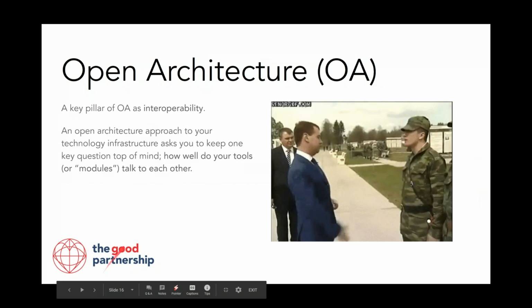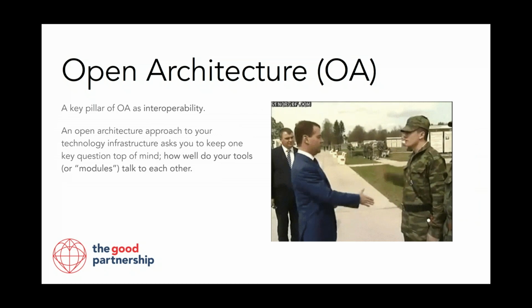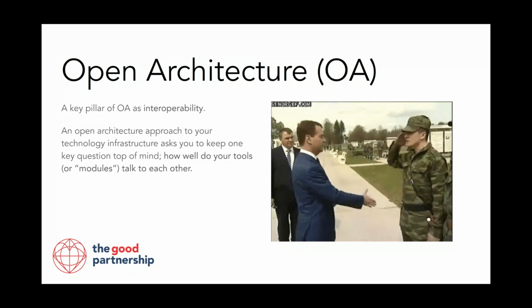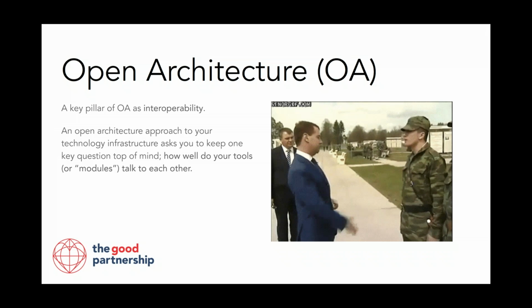A key part of open architecture is interoperability, which is to say the way that those tools work with each other. There's no point in adopting an open architecture approach if those tools don't connect, right? So think of them as puzzle pieces.